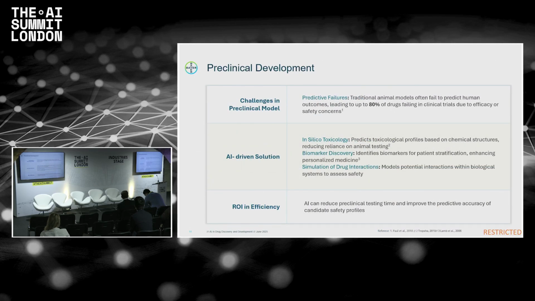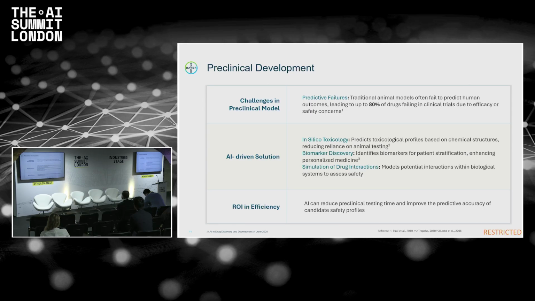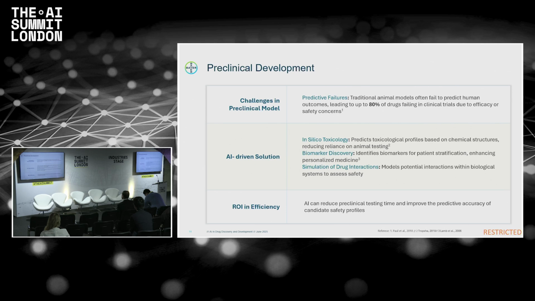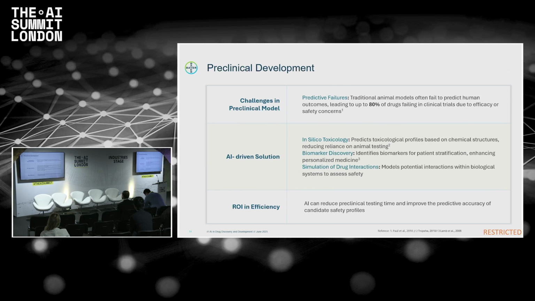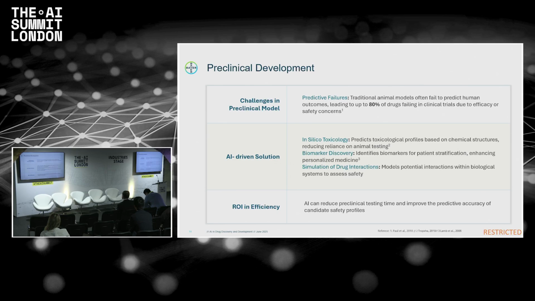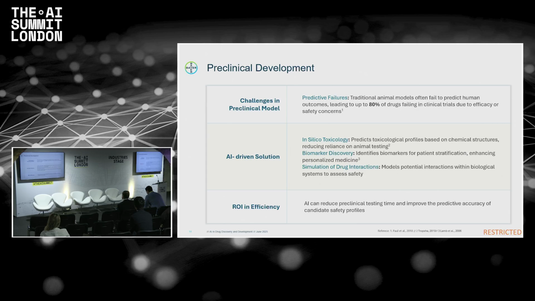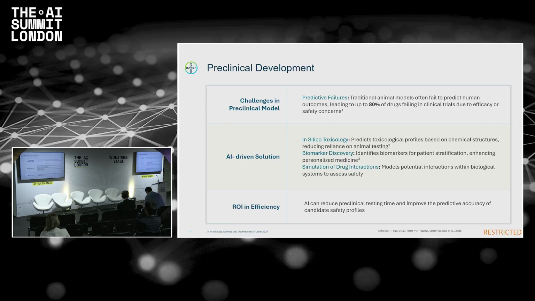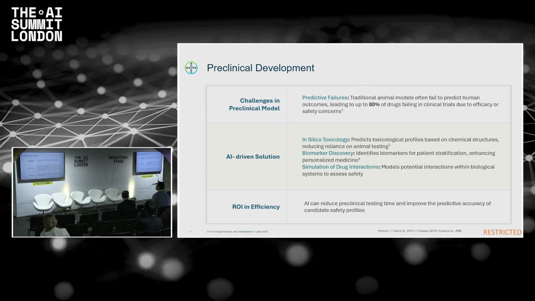Now the preclinical test. This is a very important stage where you are transforming your molecule from the lab to in vivo, to the animals, and then to human. So here the accuracy of your data set is very important. In drug development, you'll be surprised, sometimes the sooner you can kill a molecule, the better.